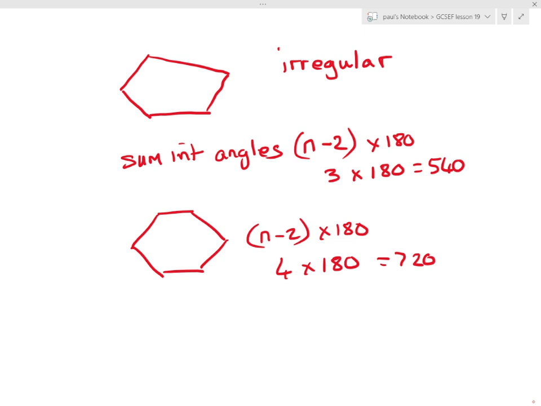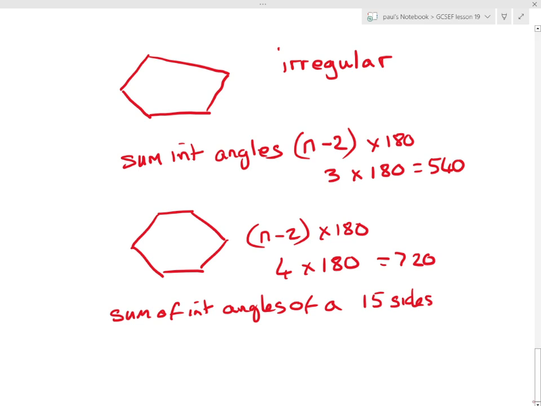So you could get a question where it says, what about the sum of the interior angles of a 15-sided shape, 15-sided polygon?